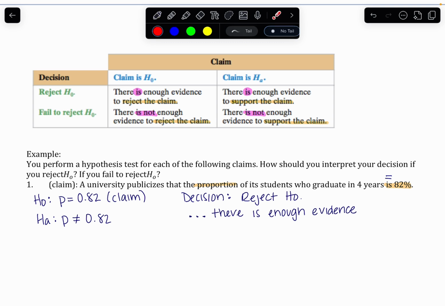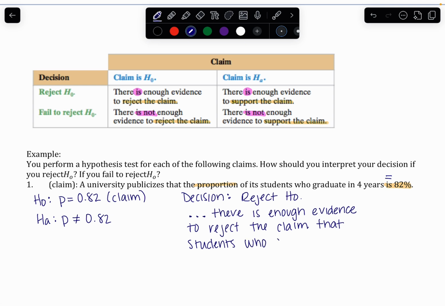Our claim is in our null hypothesis, and since it's in our null, we're going to reject the claim. So there is enough evidence to reject the claim. And then I want you to go ahead and state what that claim is. So the claim that students who graduate in 4 years is 82%.